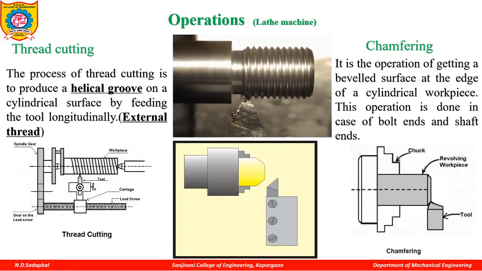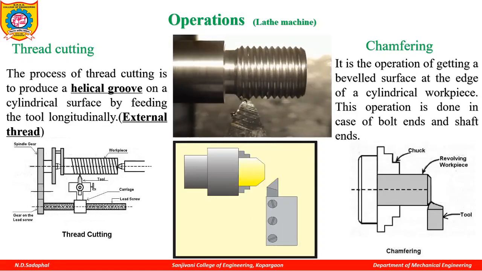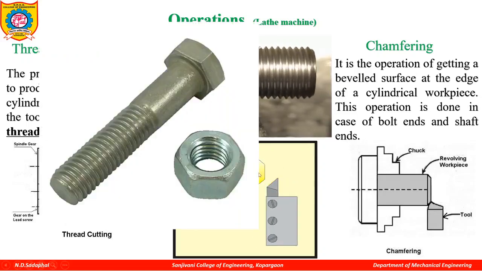So generally this chamfering is carried out at 45-degree angle of tool or cutting tool. Likewise, you can see this bolt, these external threads are produced by using thread cutting operation, and on the nut you can see here, these ends are having some conical shape, curved surface. This is done with the help of chamfer.